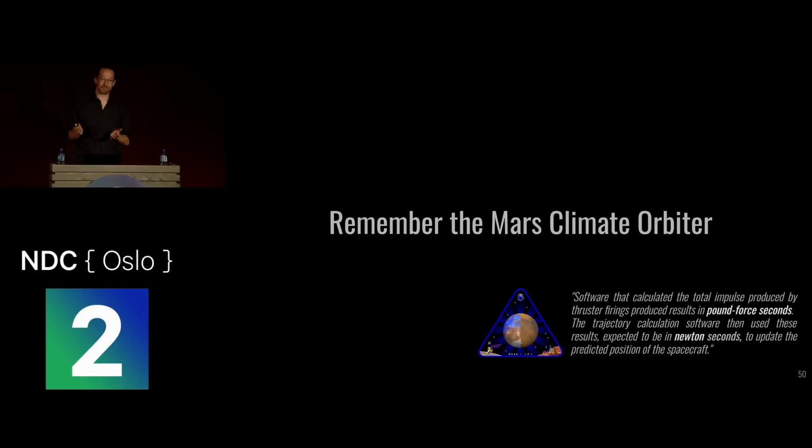I'll just quote: it crashed after arriving at Mars after maybe 15 years of development. The crash report says that software that calculated the total impulse produced by thruster firings produced results in pound-force seconds. The trajectory calculation software then used these results, expected to be in Newton seconds, to update the predicted position of the spacecraft.